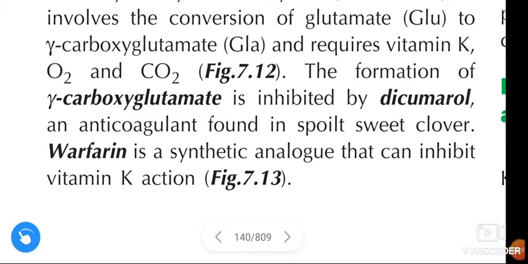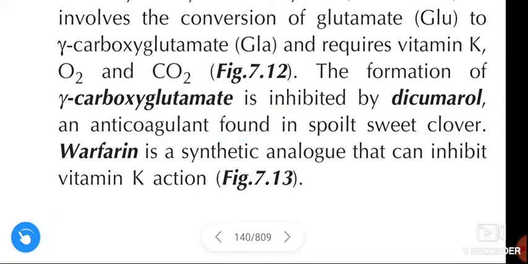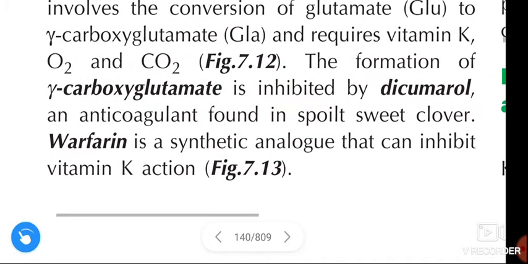The formation of gamma carboxyglutamate is inhibited by dicumarol, an anticoagulant found in spoiled sweet clover.